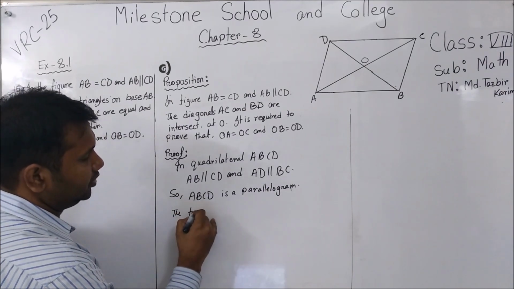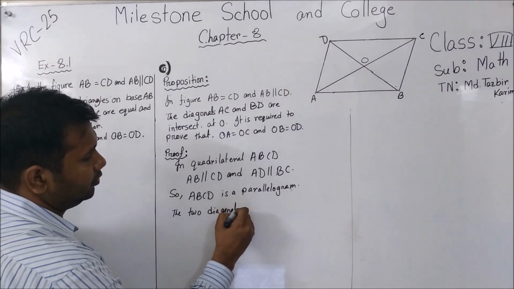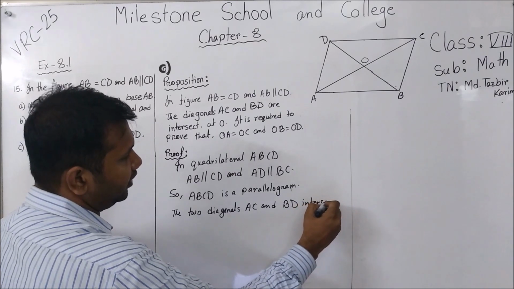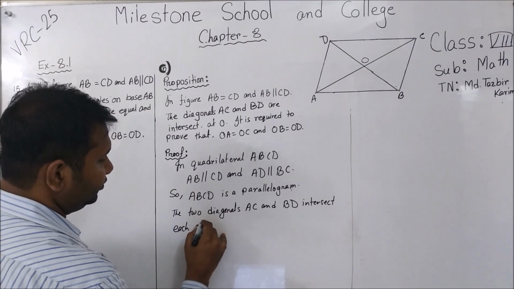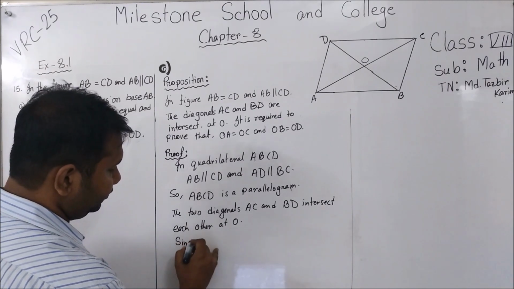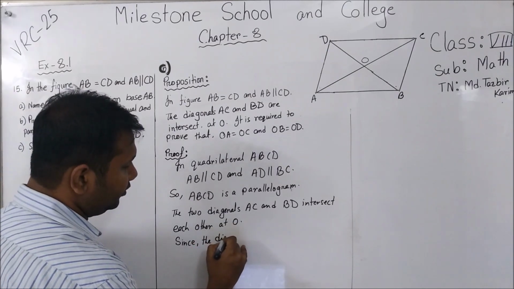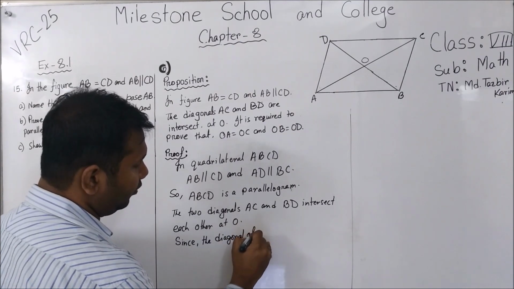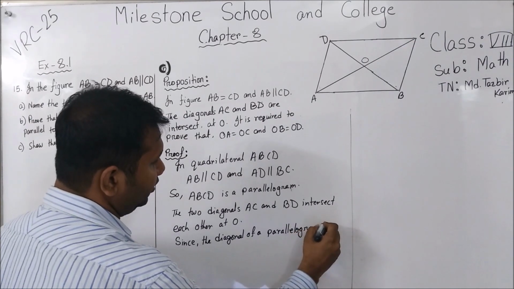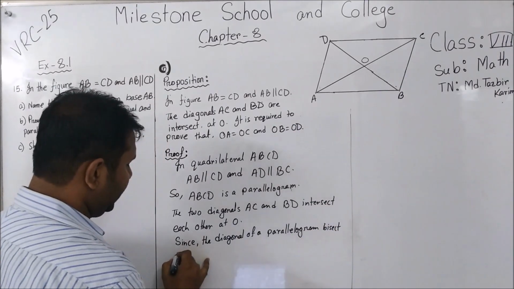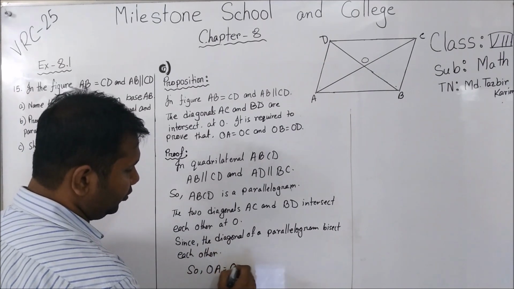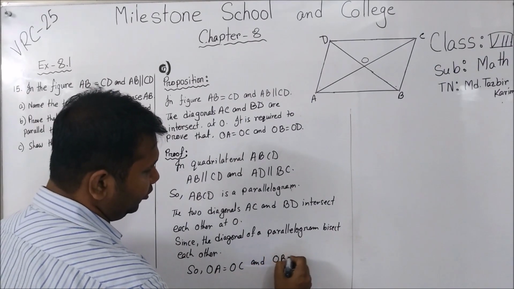The two diagonals AC and BD intersect each other at O. Since the diagonals of a parallelogram bisect each other, OA equals OC and OB equals OD.